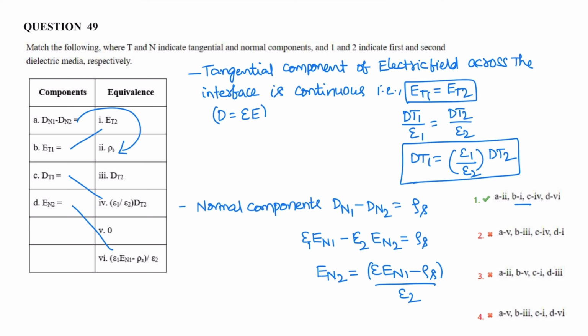Similarly, for the magnetic field components, Bn1 is equal to Bn2.